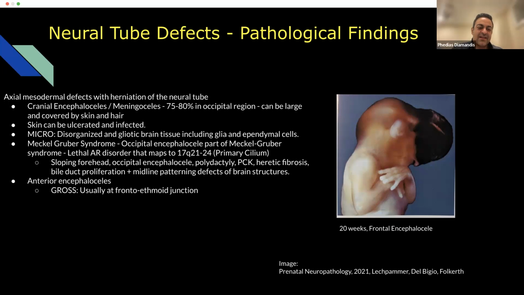Anterior encephaloceles, again, usually occur in this frontal ethmoid junction, as we'll see, very characteristic, and again, basically look the same, disorganized and gliotic brain tissue.